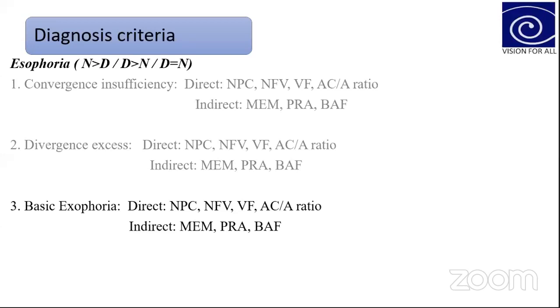But if you see the basic exophoria, the near point of convergence and the AC/A ratio will not be affected. Otherwise, every parameter will be similar to the convergence excess, and it is with an amount of phoria at distance and near. And if you get this, it is a convergence excess or divergence insufficiency or basic exophoria.